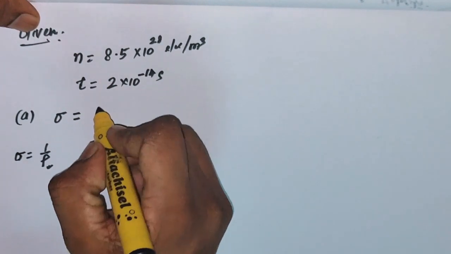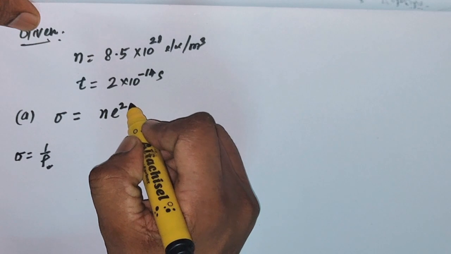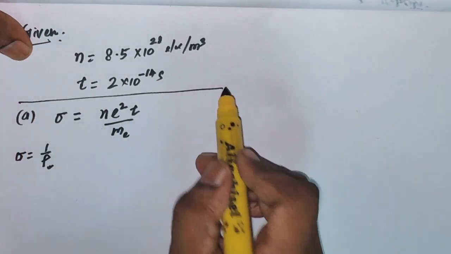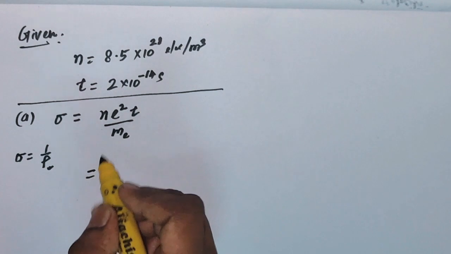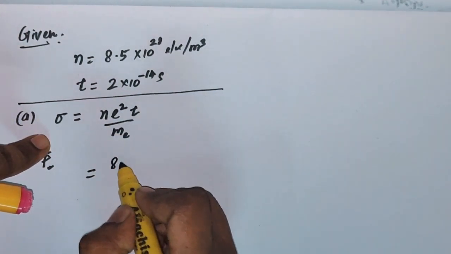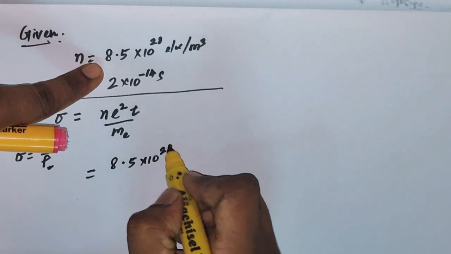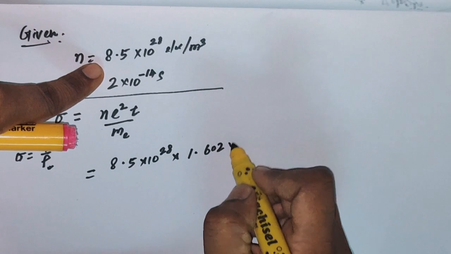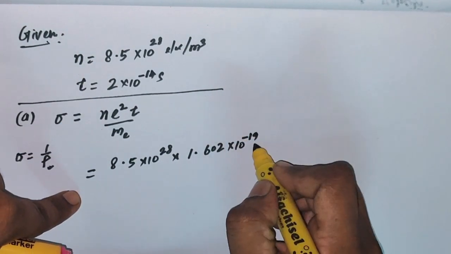So first, the conductivity is equal to n times the electronic charge square times tau divided by the mass of the electron. This is the conductivity of the given material. So we know that n is 8.5 times 10 power 28, times the electronic charge 1.602 into 10 power minus 19, times tau.